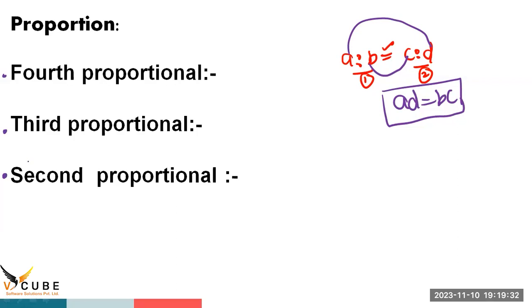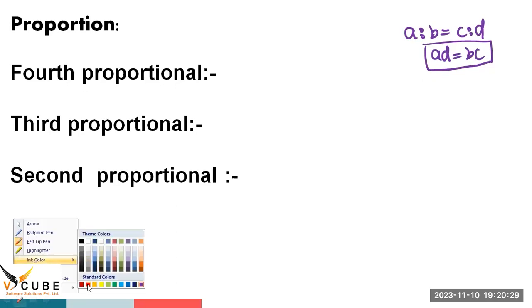So what is the proportion? Two ratios are equal is called the proportion. What is the proportion formula? AD is equal to BC.